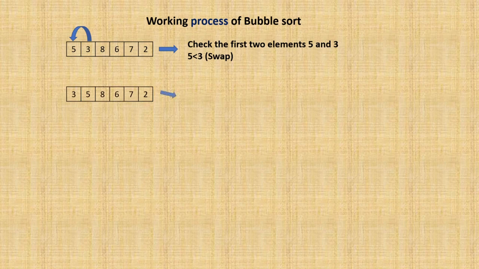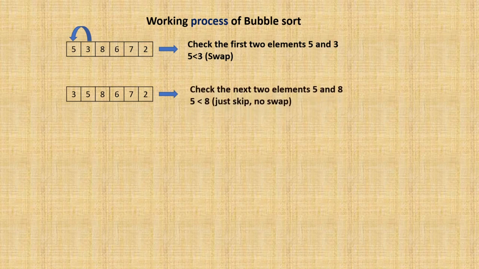We have to continue again. Check the next two elements, 5 and 8. We know that 5 is less than 8, so we need not swap. Just skip that and go to the next one.